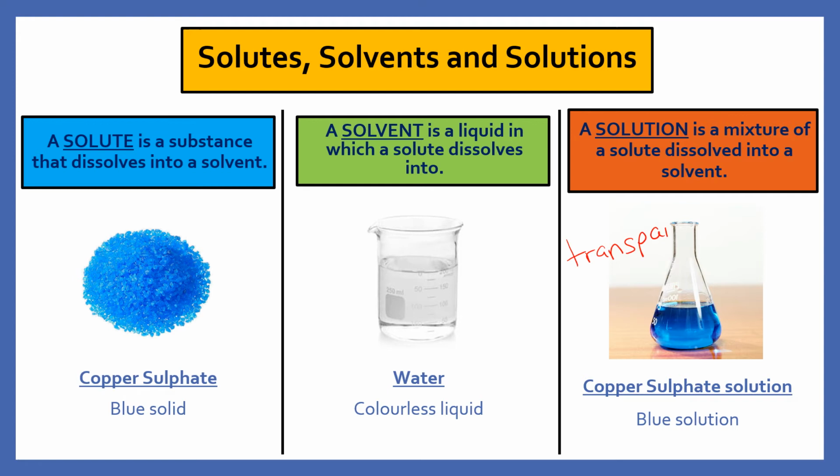Transparent is a posh way of saying see-through, so I can see through that solution. It doesn't mean that it's always colourless or always looks like water. They can be coloured, but they're transparent and I can see through them.